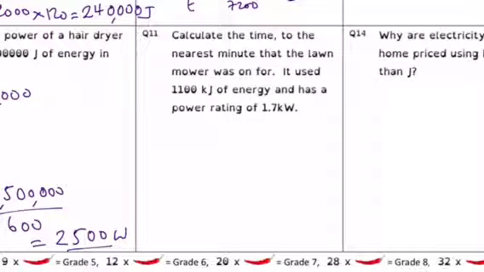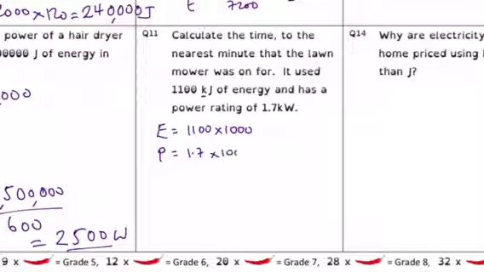Calculate the time to the nearest minute that the lawnmower was on for. It used 1,100 kilojoules of energy and has a power rating of 1.7 kilowatts. So again, we want to make things simple. So energy is 1100, but we need to multiply by 1,000 because it's kilojoules. And the power is 1.7 kilowatts.